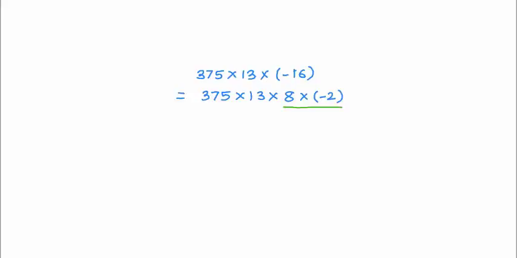Using the commutative property, we will physically move the numbers. So 375 into 13, we will make it 13 into 375. That is, we bring the 375 and 8 close to each other. We'll also factorize 375 as 3 into 125.